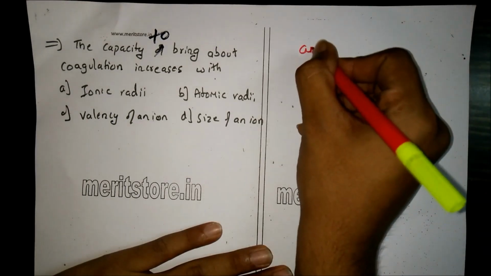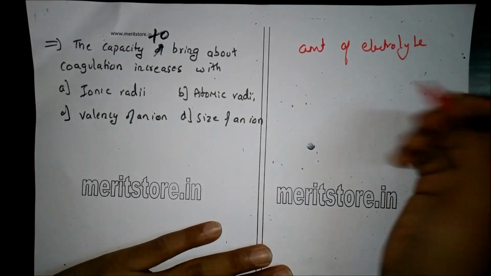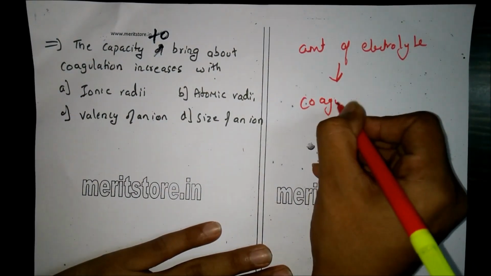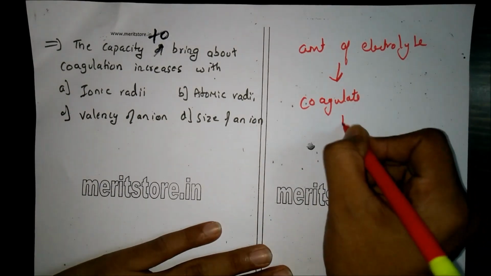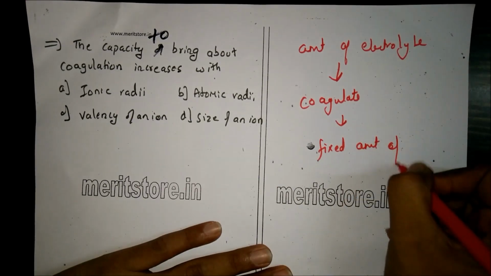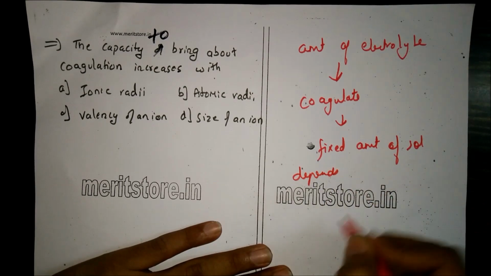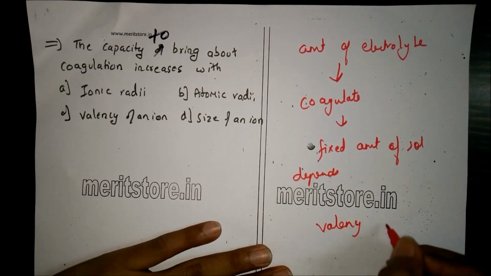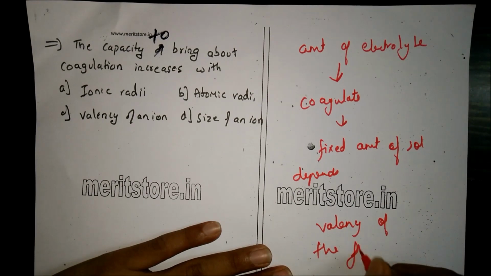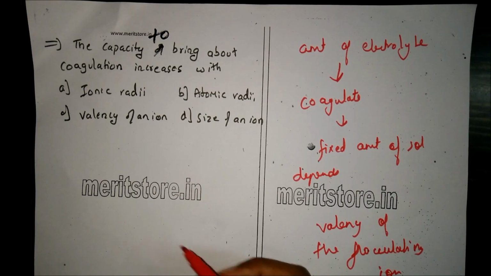The amount of electrolyte required to coagulate a fixed amount of solution depends upon the valency, since valency is the most important factor of the flocculating ion. Hence the valency of the ion is an important factor. Therefore the correct answer is option C.